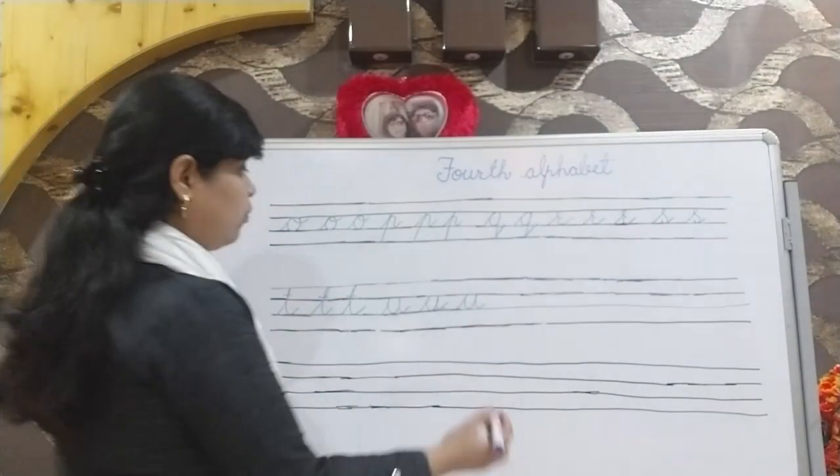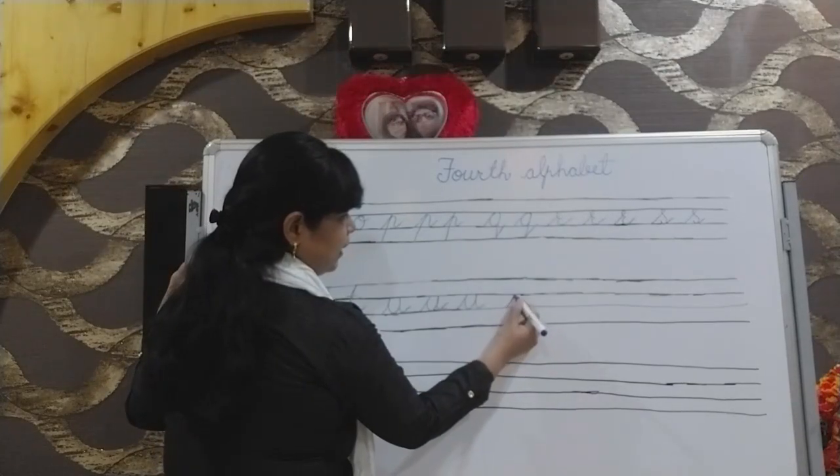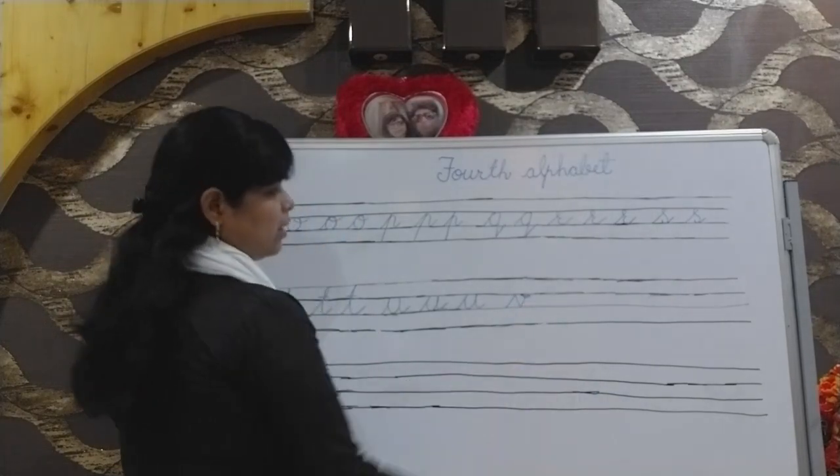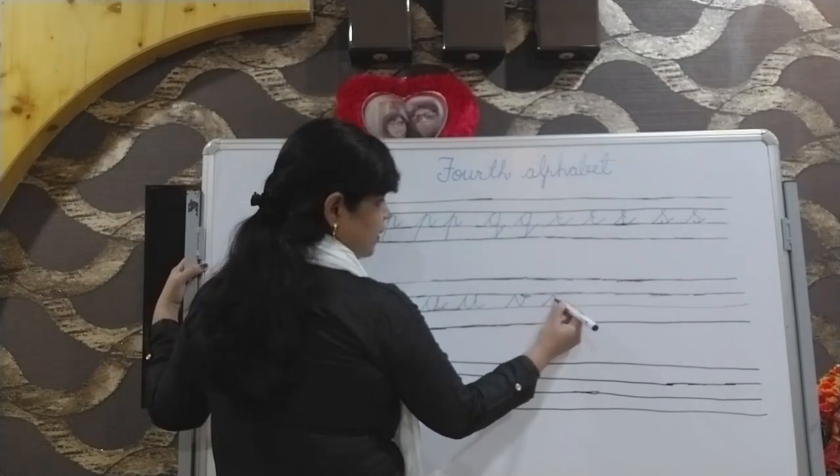Okay. Now V. You have to see V. Slanting line. In this manner we will make V. Slanting line.